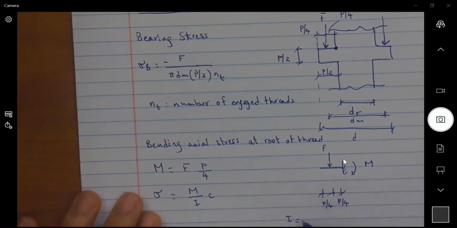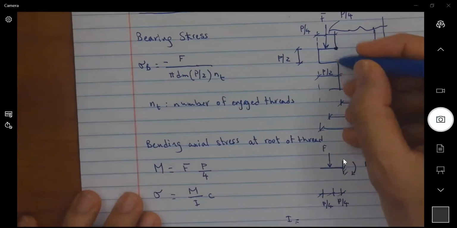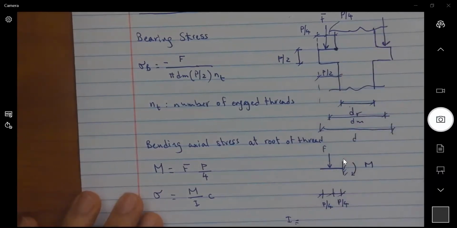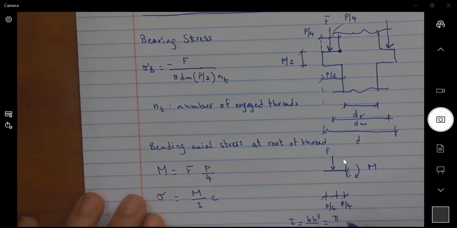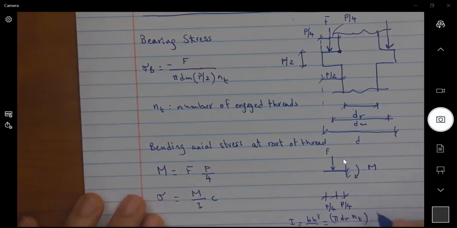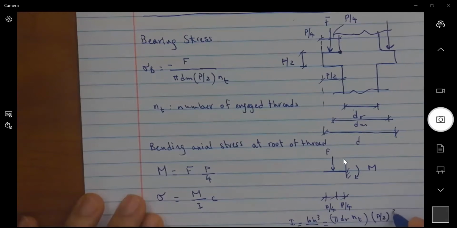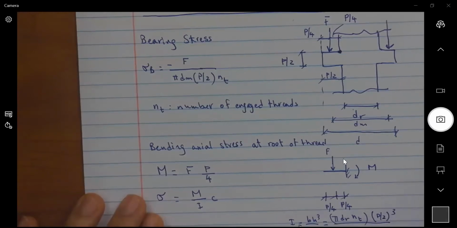is equal to, if I consider this like a rectangular area, but knowing that the width is equal to the perimeter. So my B, if I think of it as bh cubed over 12, B here is going to be equal to pi dr times the number of threads engaged, that's my b, multiplied by the height, which is P over 2, cubed, divided by 12.